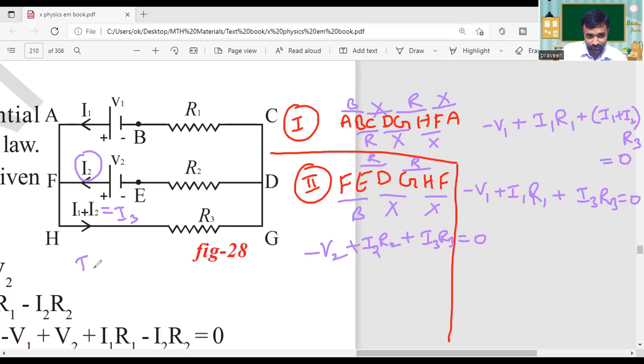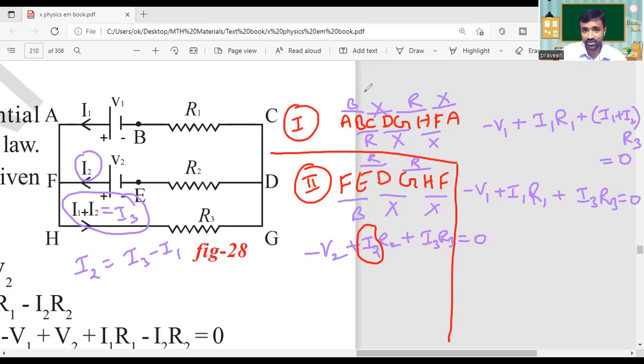From this relation, I2 is equal to I3 minus I1. So I2 is replaced by I3 minus I1.